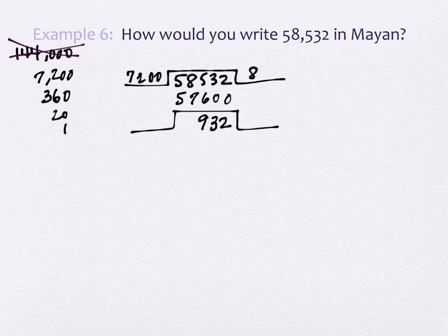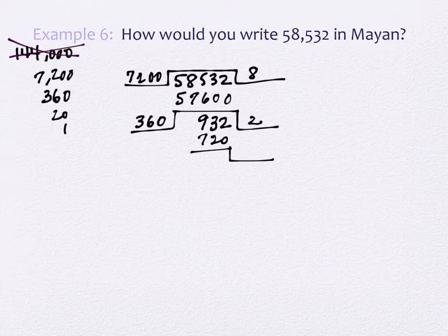So what do you get when you subtract these? 932. So we divided by 7,200, now we're at 360. So we're going down in place value. How many 360s are there in 932? 2. What is 2 times 360? 720.